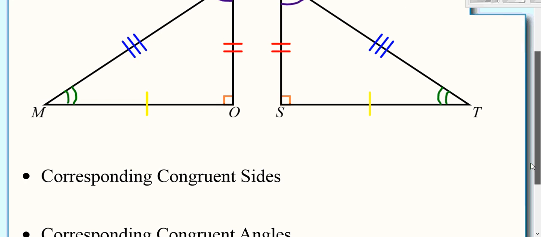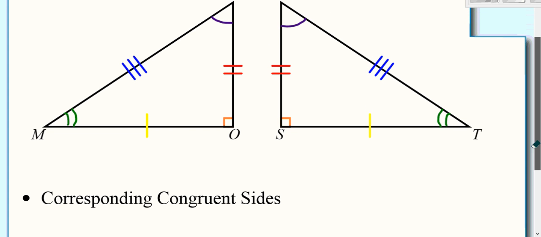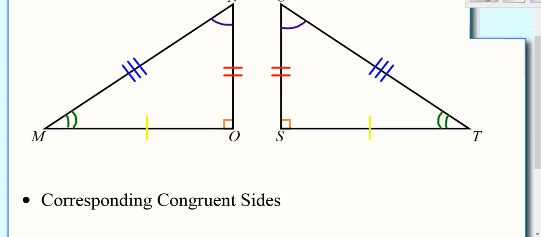For the corresponding sides, let's start with yellow. The side with 1 yellow tick mark, MO, is congruent to the side with the other 1 yellow tick mark.